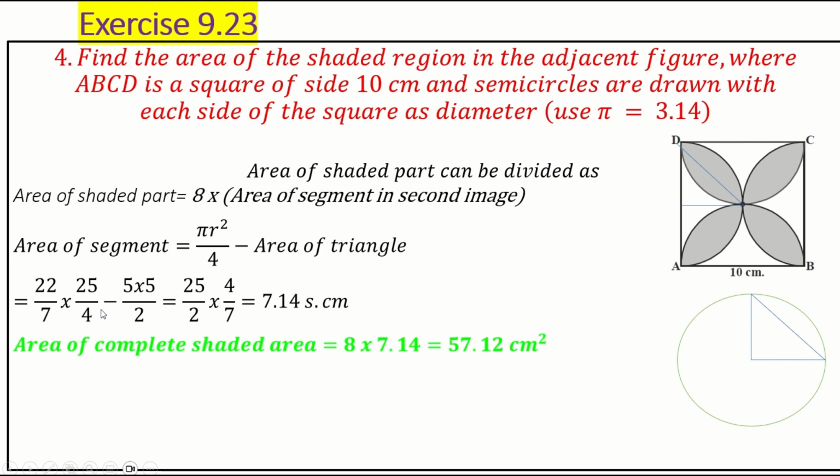So pi r square by 4 minus area of the triangle, which is 5 into 5 by 2, that is 25 by 2. If you simplify, you will get 7.14 square centimeter. So the area of complete shaded area is 8 times this value. That is 57.12 centimeters square. Next.